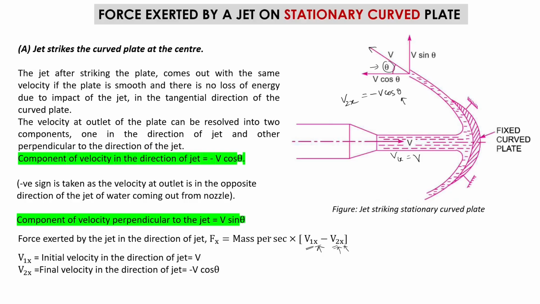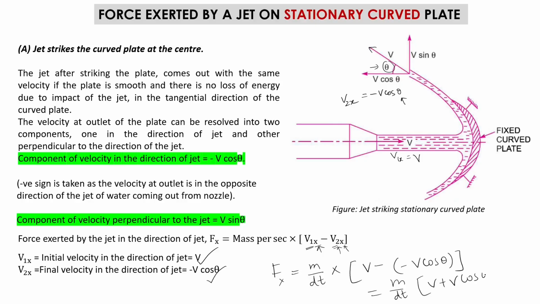So this is what we have written here, that v1x is equal to V and v2x is equal to negative V cos theta. Now if we want to find the value, Fx is basically mass per second, that is m over dt, into V minus (minus V cos theta). So I am getting m over dt into (V plus V cos theta).